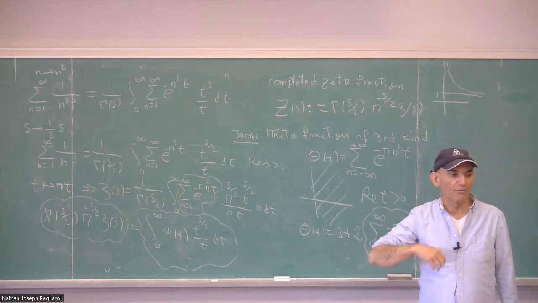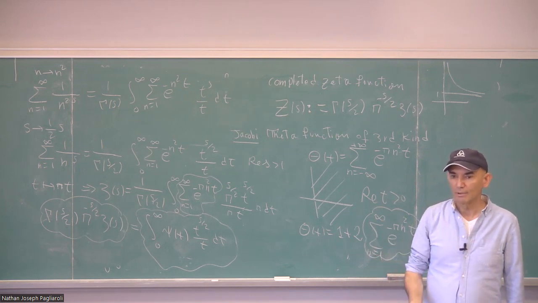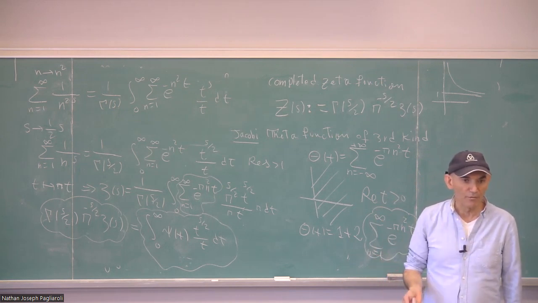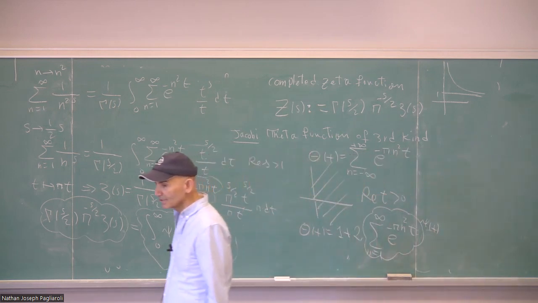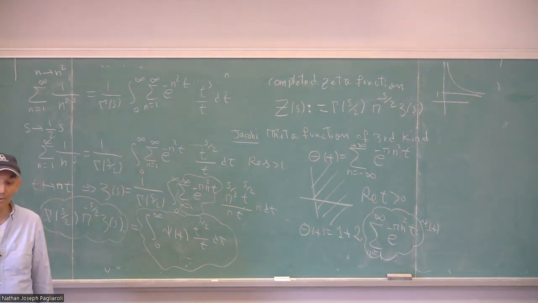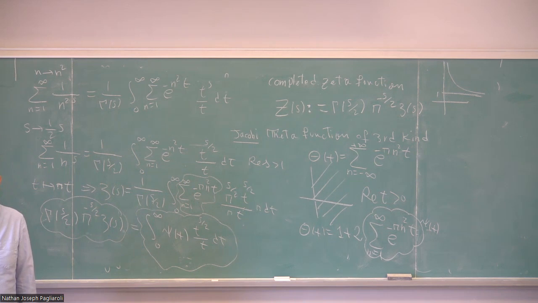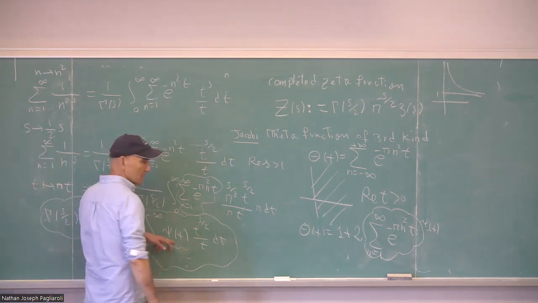Is it going like 1 over t, 1 over t squared? Is it going like the log of the absolute value of log t, or 1 over root t, or some crazy function? It's very hard to know how fast it goes to infinity at 0. It's extremely hard to know. This is psi of t, and we actually have to know that.